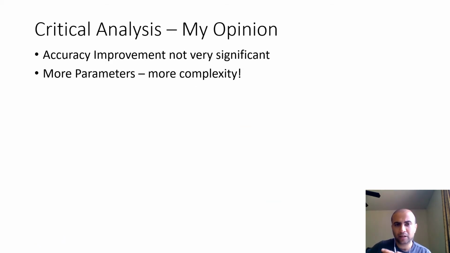So I'd like to talk about what I think about the paper. I actually felt that the accuracy improvement was not very significant, because if you remember the results table that we saw before, TC LSTM was already at 89.2 in the positive and negative classification, and ATAE LSTM, their everything model, has about 89.9 accuracy.